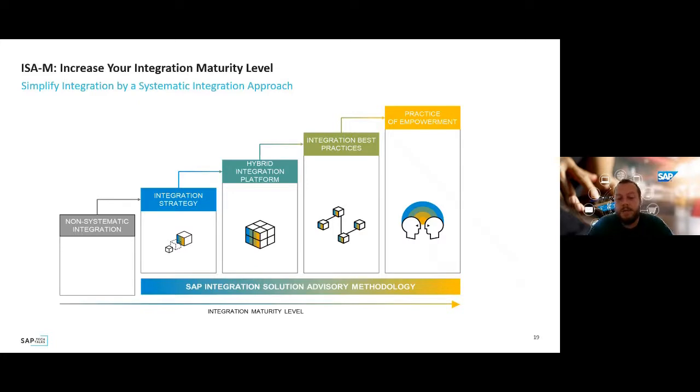And then we jump to the integration strategy. So we already have a mature integration strategy. We know how to handle integrations in the hybrid environment. We define our best practice, and in the end, we deliver this empowerment together with the business to have a real community together.